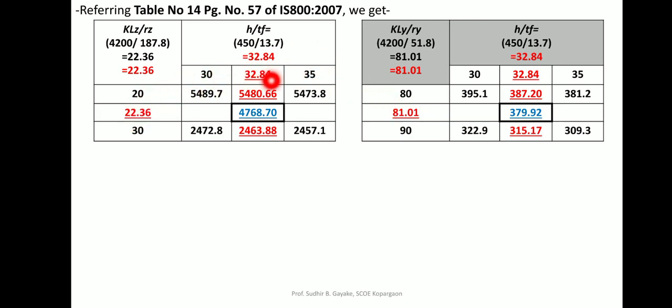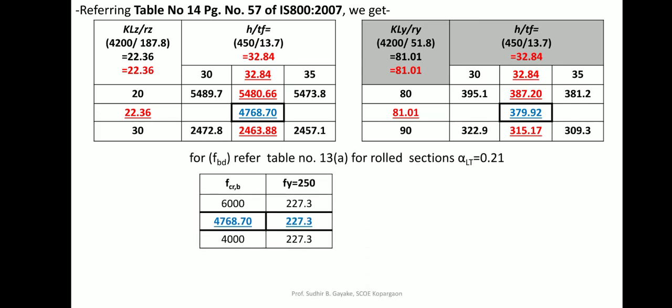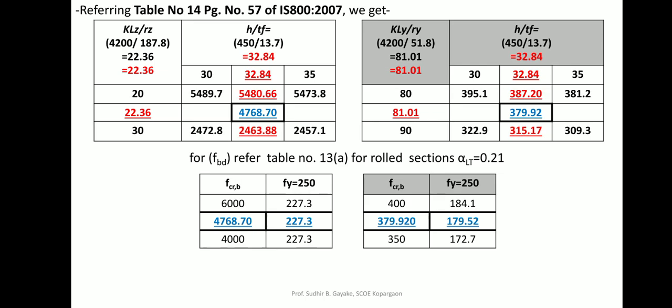So both conditions we are going to calculate, but we are going to consider the least value, because the higher value is going to give us greater FBD strength. For rolled section we have already discussed alpha value is 0.21, and based on that FCRB for the first calculated value is 4768.70. This is the final FCRB calculated. For this you calculate FBD, and for the second calculation also your FBD is to be calculated.